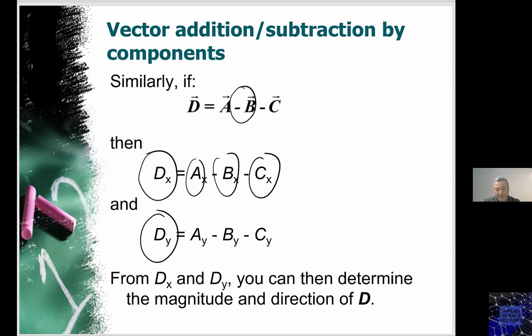So here you're subtracting B and C from A. You can see that BX is negative, CX is negative, BY is negative, CY is negative, because the vectors have been subtracted. And then you find the total X component, the total Y component, and then you can construct the total vector again, finding the magnitude and finding the angle theta.